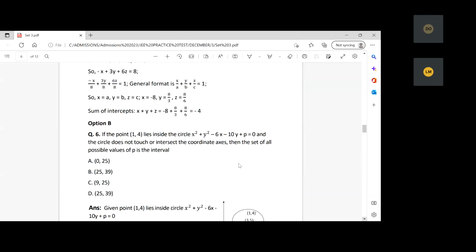It will not touch the x or the y axis. We need to find the set of all the possible values of p, that too as an interval. Is it 0 to 25, 25 to 39, 9 to 25, or 25 to 29?